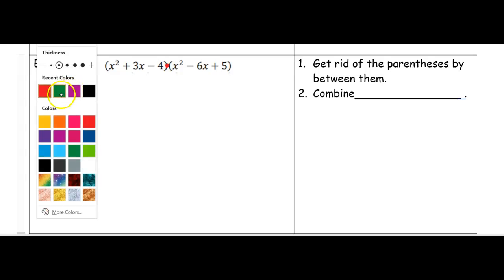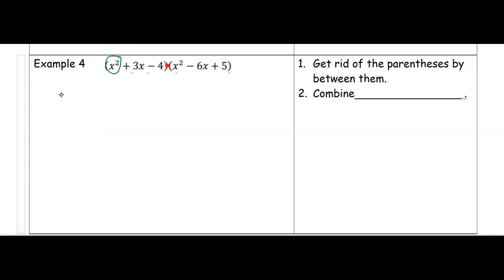First, you are going to use the first guy in the first house, multiply everybody in the second house. So let's do it first. First arrow is x squared times x squared. Let's put the work here. x squared times x squared, add up the heads.